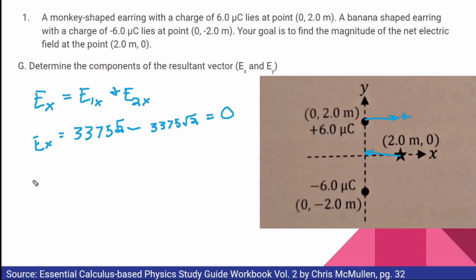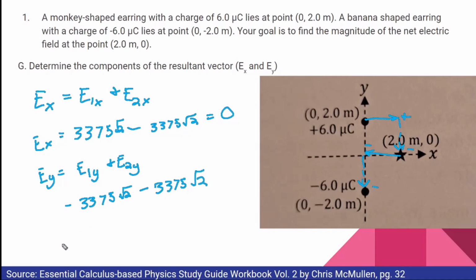Alright, by contrast, we have for our E of y the sum of the y component of our first vector plus the y component from our second vector. We know that both of these are negative 3,375 radical 2 because both of these components are moving downwards.